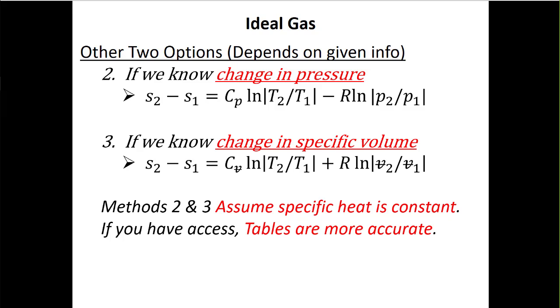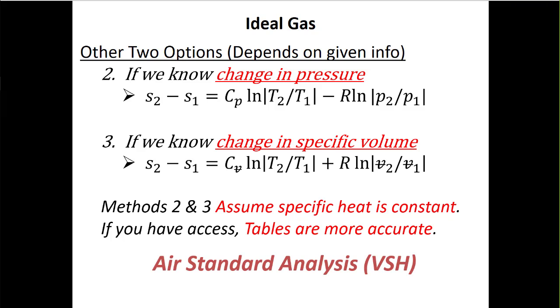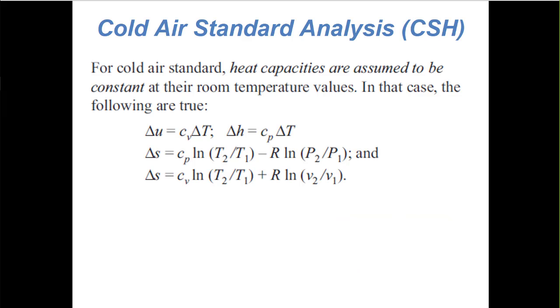So if you have an application where accuracy is the most important thing, then you may want to revert back to using the tables instead of these constant specific heat equations. But again, on an exam, I'll tell you whether or not I want you to do constant or variable specific heat.